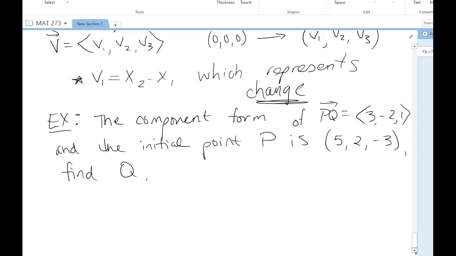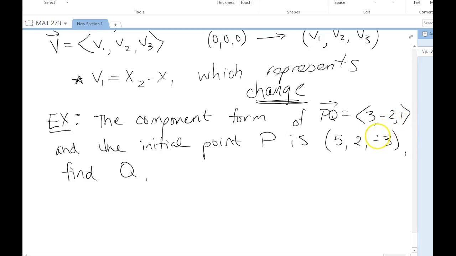If you think about component form as meaning change, how the coordinates change, what this is telling me is that as I move along the vector, the x coordinate is going to increase by 3, the y coordinate is going to decrease by 2, the z coordinate is going to increase by 1.